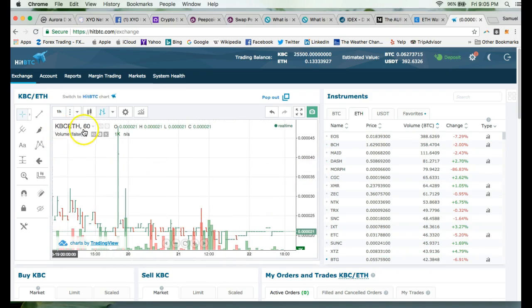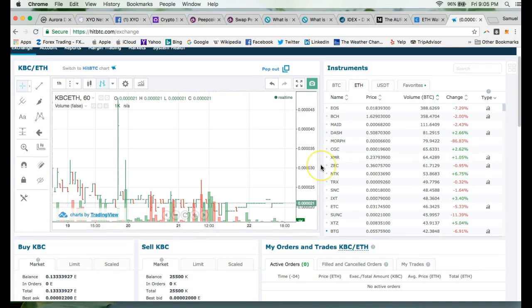This is showing Carat Bank coin against Ethereum. You could study this chart if you want to, but Carat Bank coin just launched about 3 or 4 days ago, so the volume is really low and the value is low. The time right now is to buy.